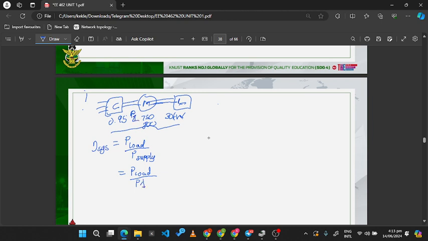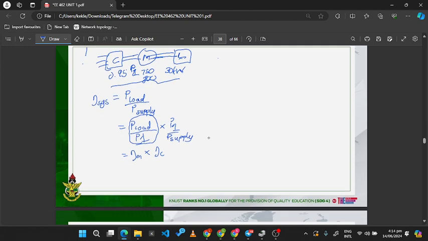So we'd have P load over P1 times P1 over P supply, right? But then if you look at this, this would be the efficiency of the motor, and this would be the efficiency of the converter. And so we could find the efficiency of the motor and then multiply that by the efficiency of the converter to get the total efficiency.